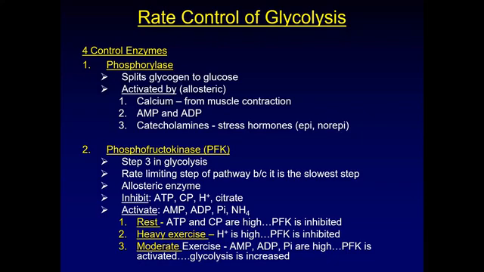So as we begin to exercise, there are multiple things that will bind to phosphorylase and increase its activity. The net effect is that phosphorylase becomes more active and turns more glycogen into glucose 6-phosphate.